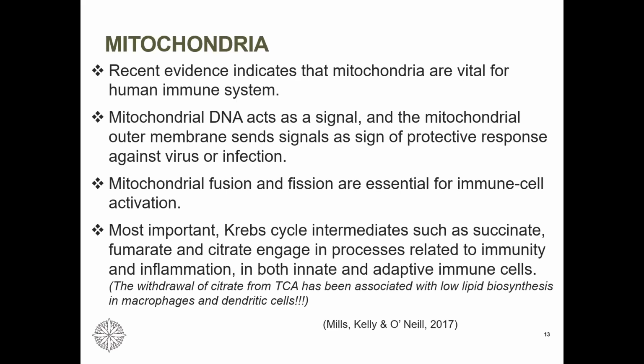And how do we know that? Because there have been some animal experiments where they withdrew citrate and succinate and fumarate from a particular cell, and then they saw that the activity of the immune fighters went down.